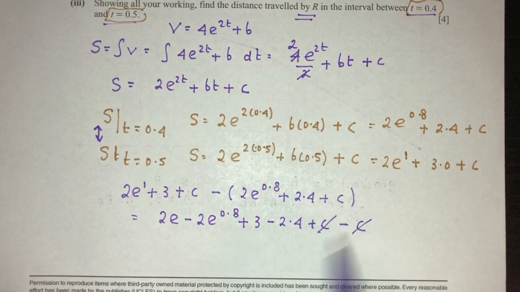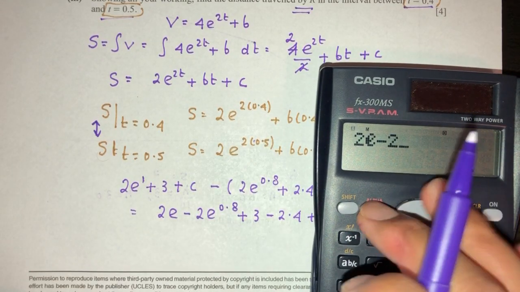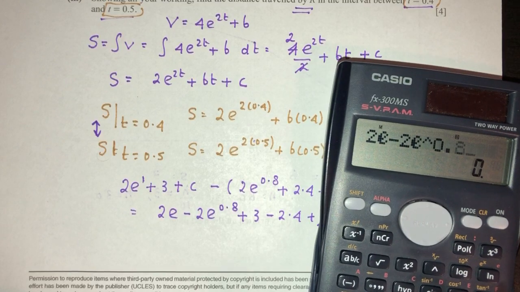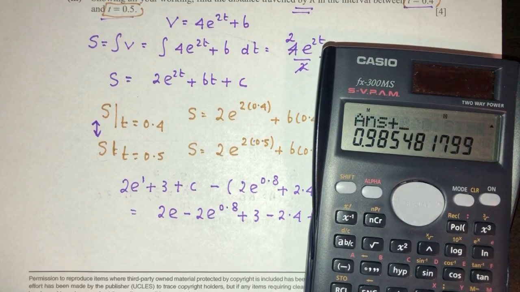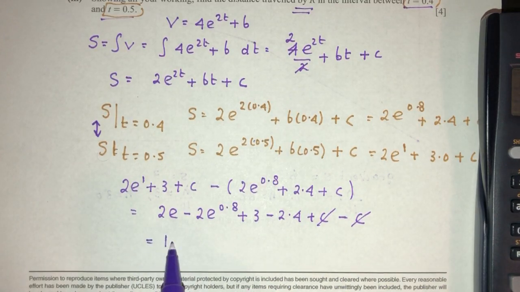So c will cancel out, and then we just have to find these two values. So 2 exponential 1 minus 2 exponential power 0.8, and then plus 3 minus 2.4. That should be 1.59 meters for the distance traveled.